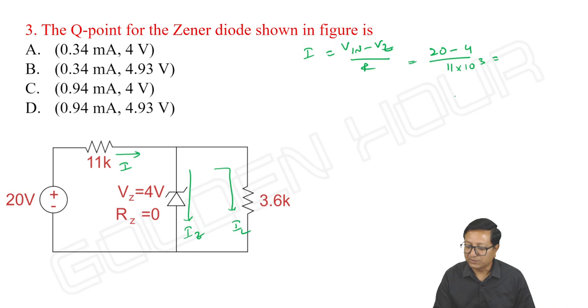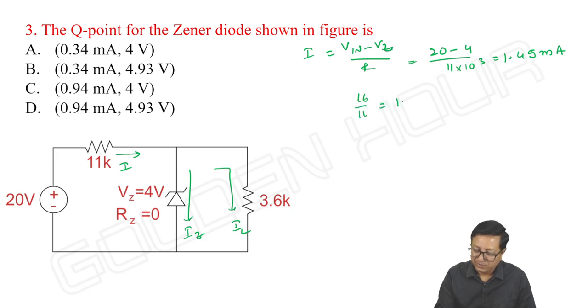So it is 16 by 11, 1.45 milliamperes. Approximately, I'm writing it.